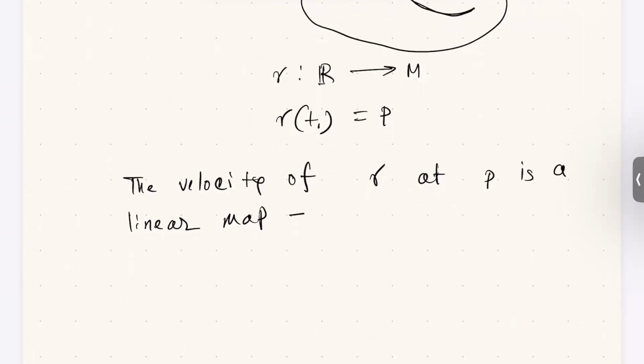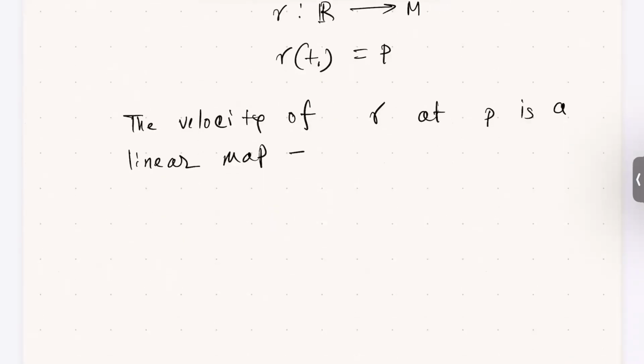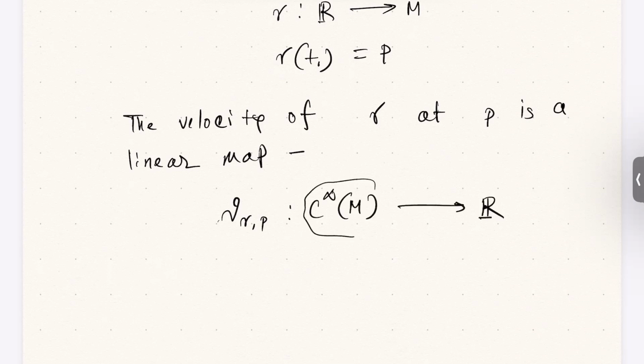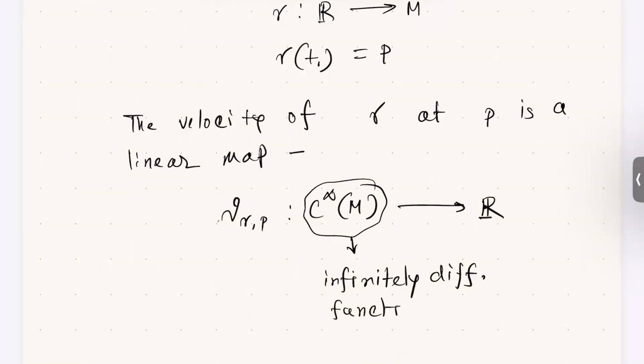It takes an element of a vector space and gives another element of a vector space. So the velocity v of gamma at p is a linear map from C infinity(M) to the real numbers. What is C infinity(M)? Infinitely differentiable functions on M.